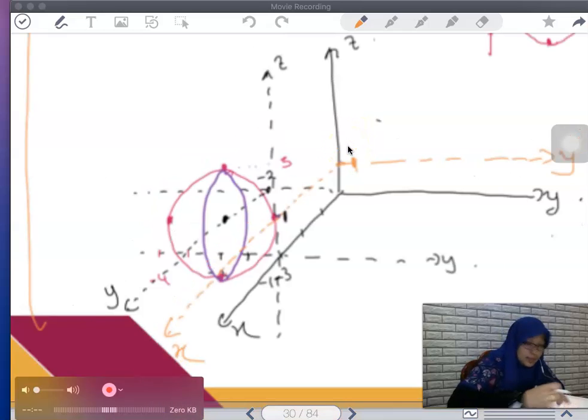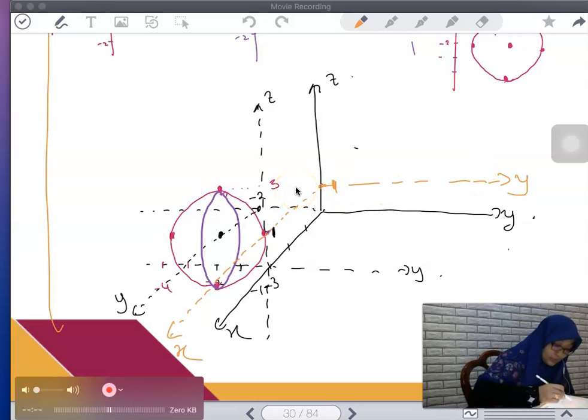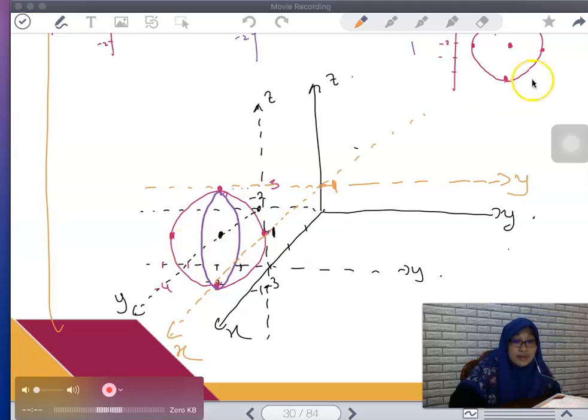So this is your z equal to 1. So now assuming that you have a new x, y plane on the z equal to 1. So that is your new plane. So now imagine on this new plane, you have the minus 1 and that one. Okay, so you have to sketch this particular circle.